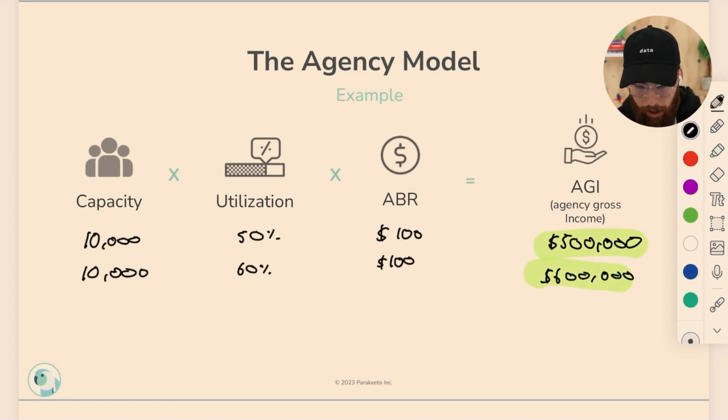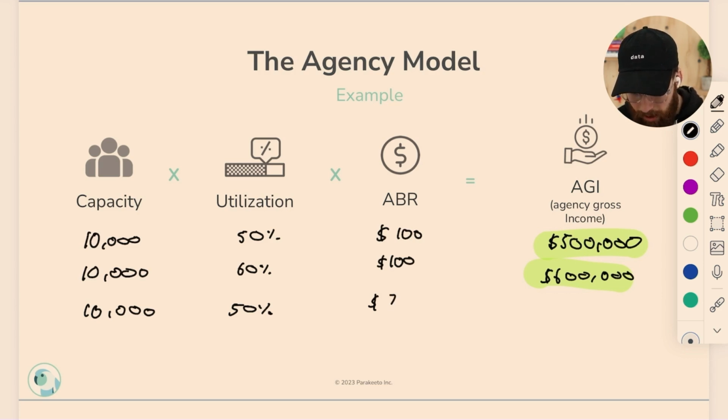Now, the other thing that we can look at is, let's say a firm wants to get to $600,000, but for some reason, they can't raise their utilization rate. Perhaps that's just culturally something that they're not willing to do, or they have some constraints in terms of how their team is composed. Then in this case, we could use the lever of average billable rate to still get to that level. And so in this case, we would take $600,000 and we would divide it by the 5,000 hours they have available.